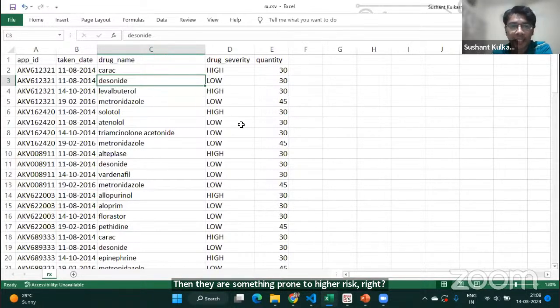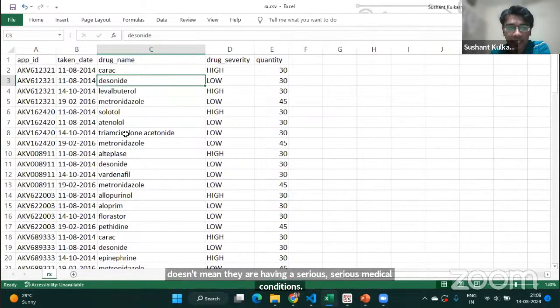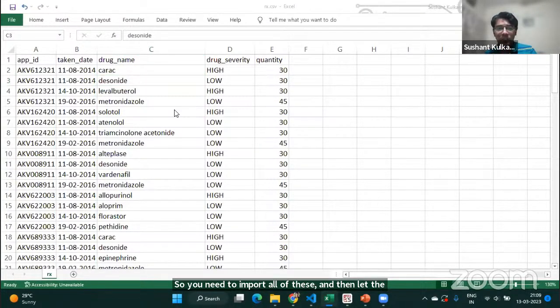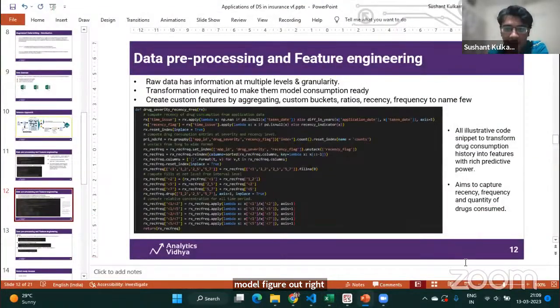Just because somebody is taking more drugs doesn't mean they have a serious medical condition. Sometimes it could be trivial, like flu or any other minor ailment like an allergy. So you need to differentiate this as well. You need to encode all of these and then let the model figure it out. That's some of the core over here. So maybe I'll just switch back here.